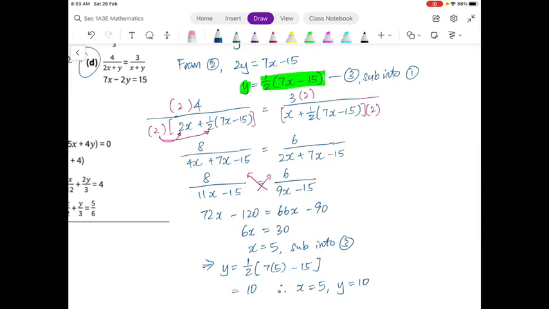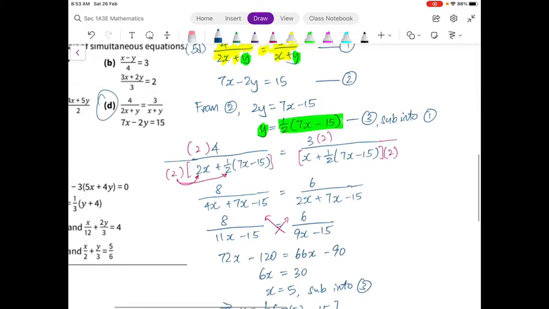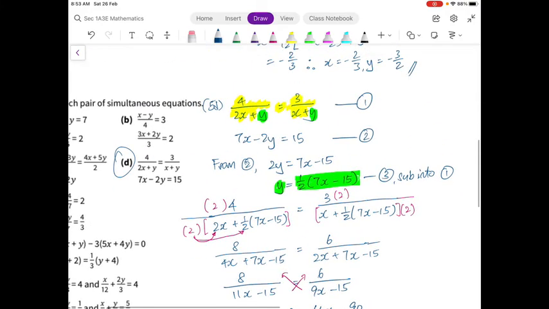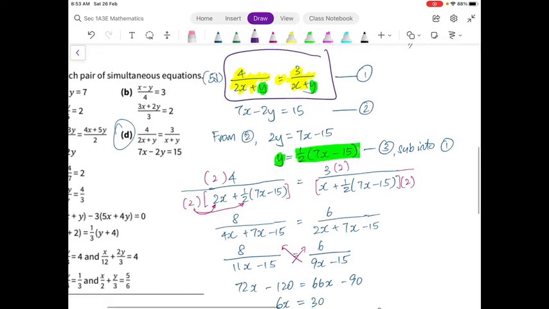Now in this case, we are unable to use our calculator to verify our answers unless we rewrite our equation number 1 into a linear form. That is, our x variable plus our y variable equals to a constant.